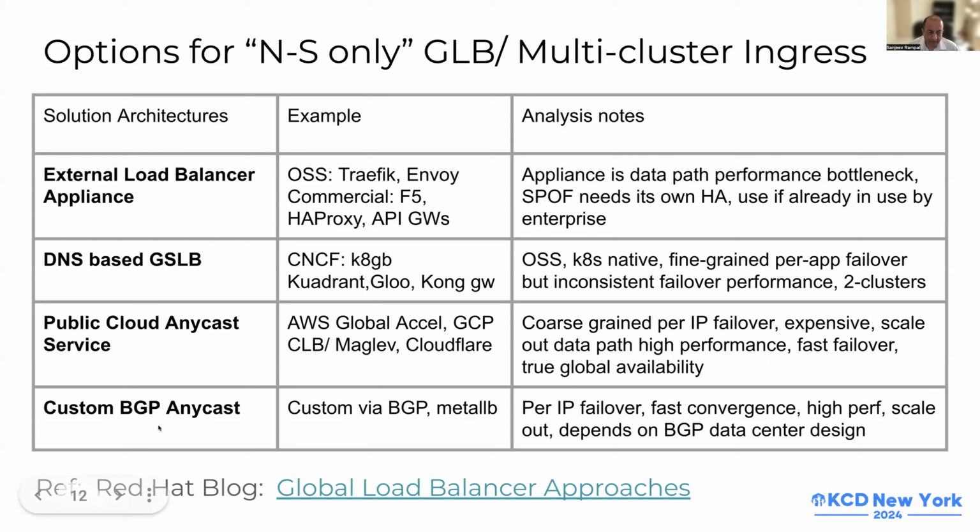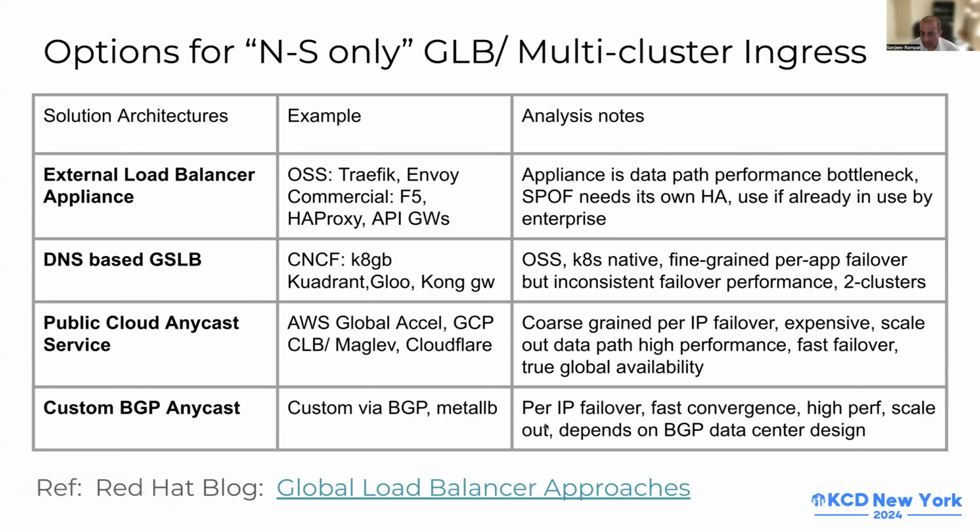And finally, the fourth pattern is a custom BGP Anycast. Analogous to the public cloud, an enterprise can choose to build a similar Anycast solution using BGP, where you have a virtual IP advertised by different locations and different clusters. You can do that using CNIs that have the BGP mode, as well as with Kubernetes cluster load balancers such as MetalLB, which also have a BGP mode.